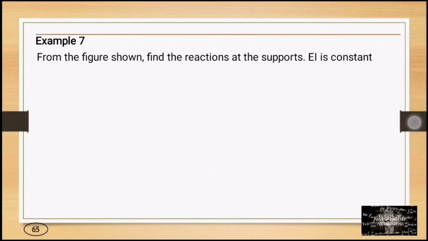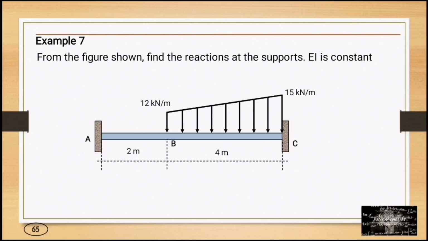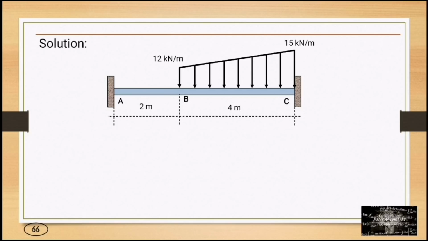Example number 7. From the figure shown, find the reactions at the supports. EI is constant. Solution. We have reaction at A or RA, reaction sa C or RC.